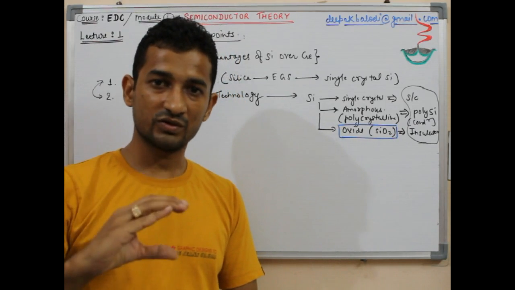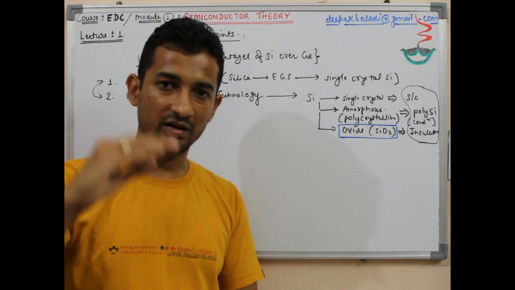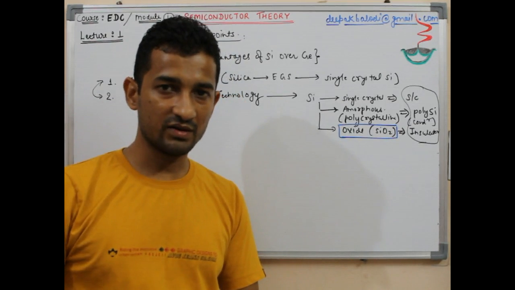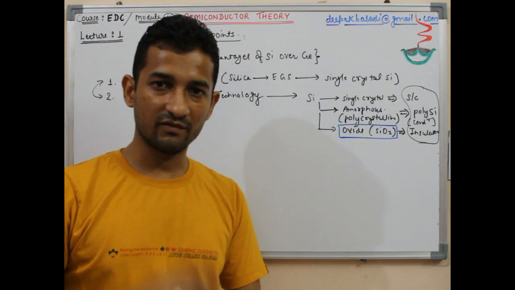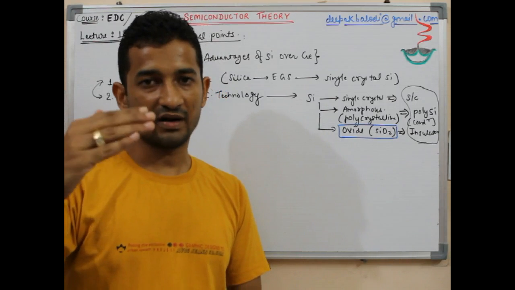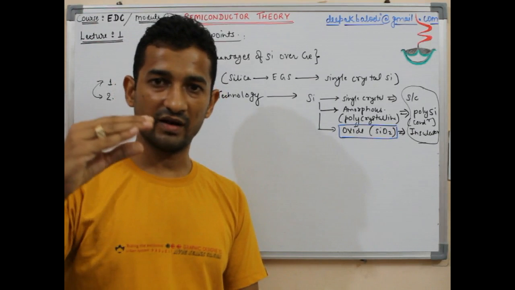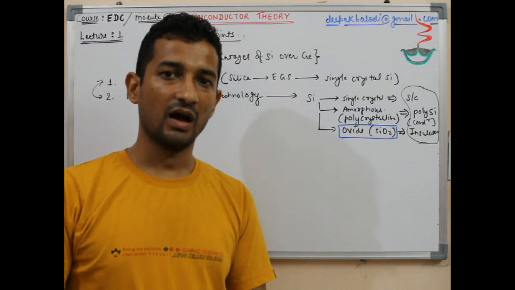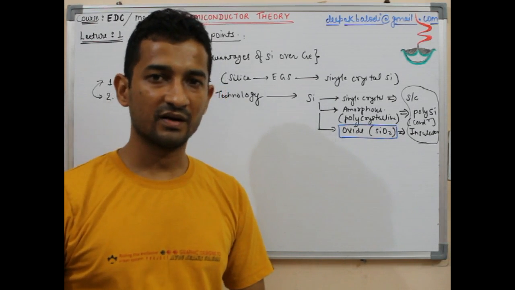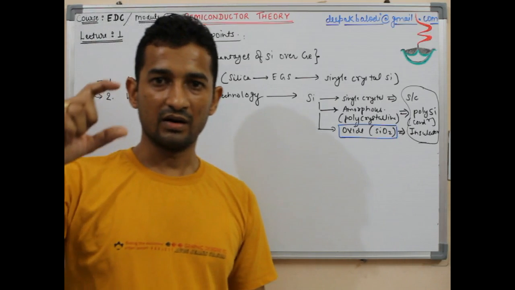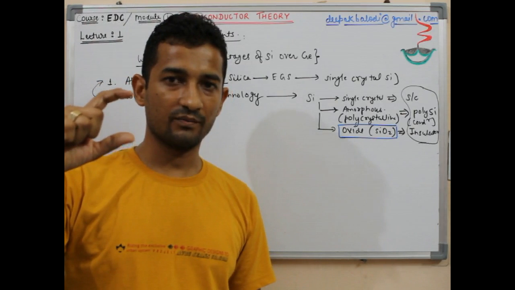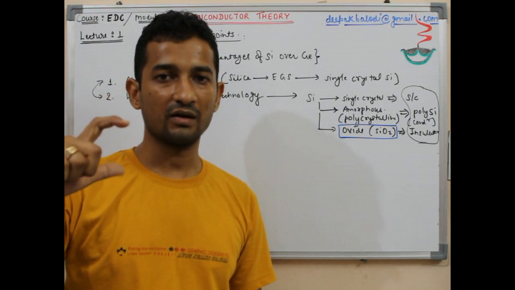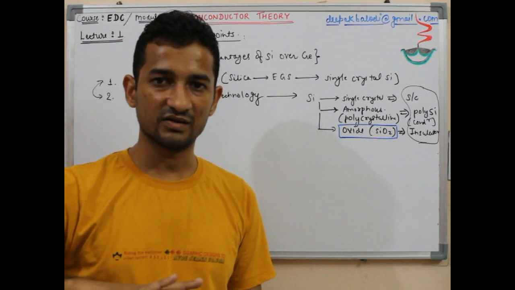It gives a good mechanical stability with the base material, it gives a very good chemical bonding with the base material, and the thickness of SiO2 could be effectively controlled. So lots of benefit we can achieve if we are developing some oxide layer or some insulating layer which is formed by the base material itself.